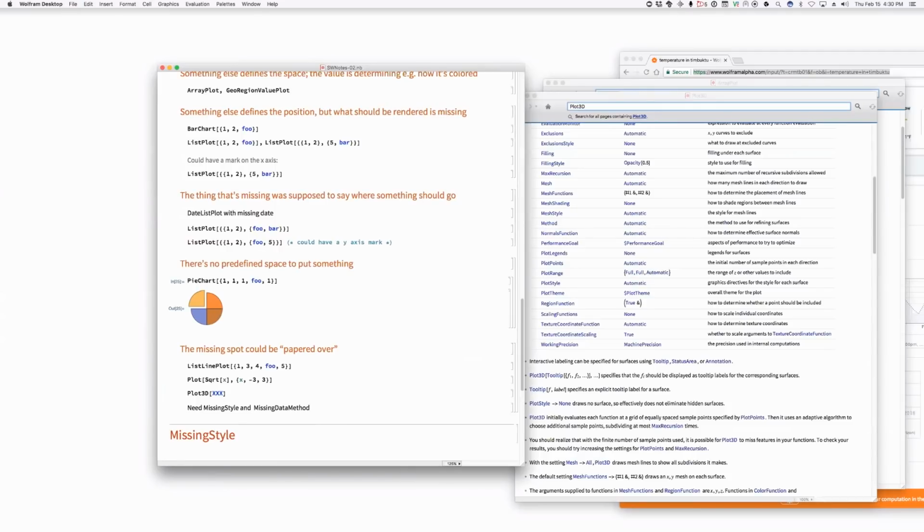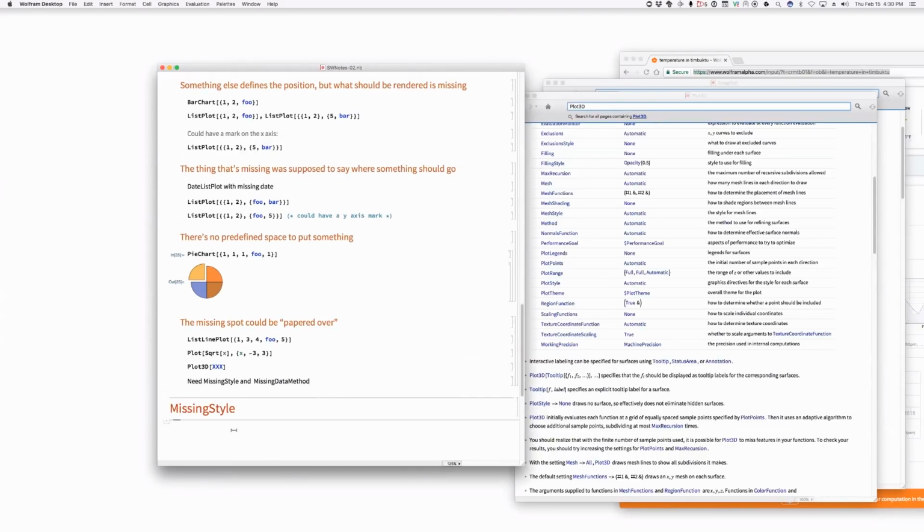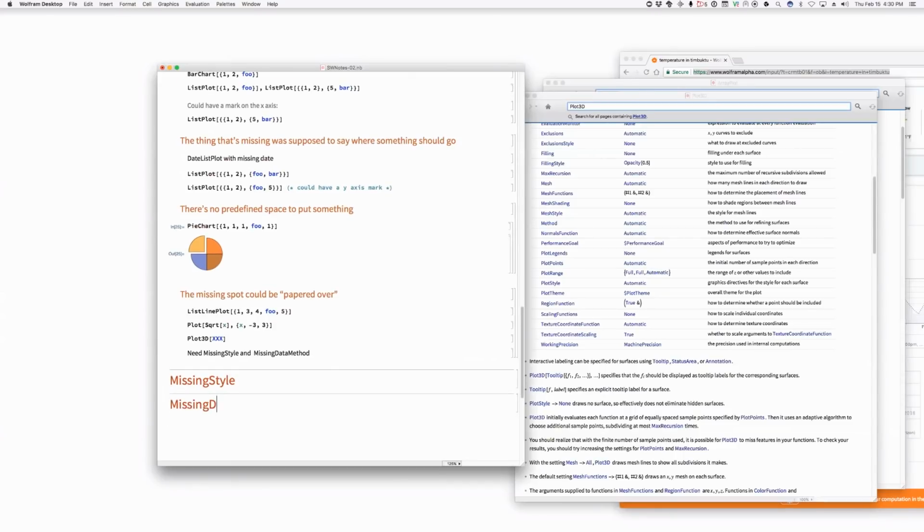Because they need to say whether it's interpolation or what it is. Right. So examples of missing data methods.